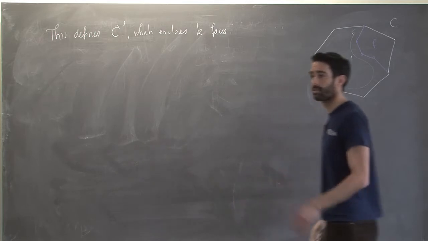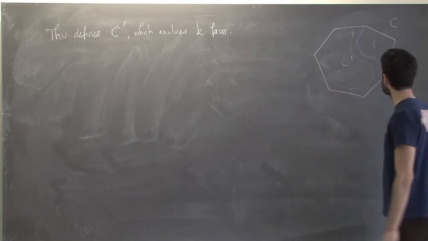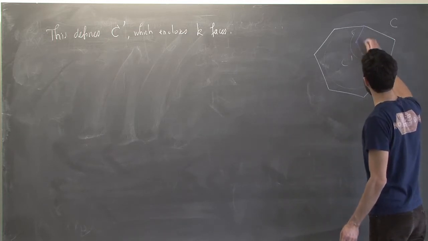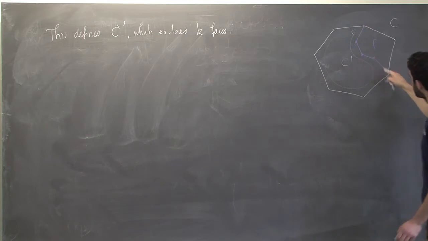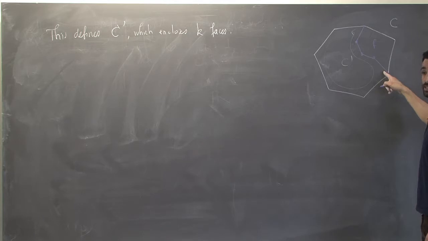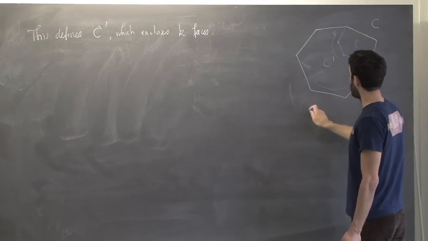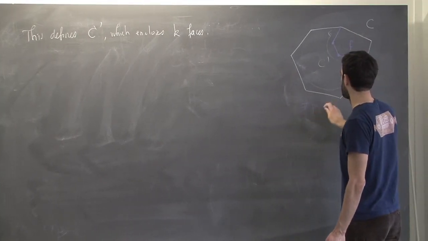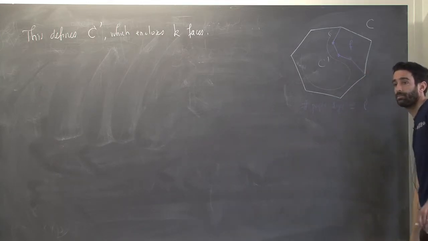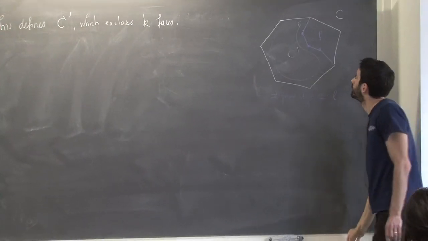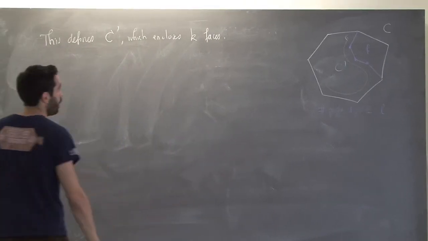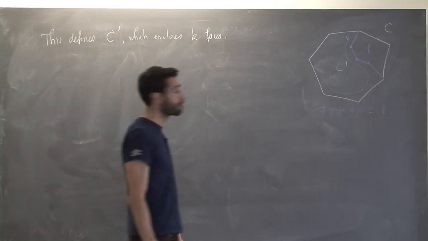It encloses one less face than C. Okay, I need one more notation. It's going to be the number of edges that C and C prime share, the number of purple edges here. So let's say this is L.